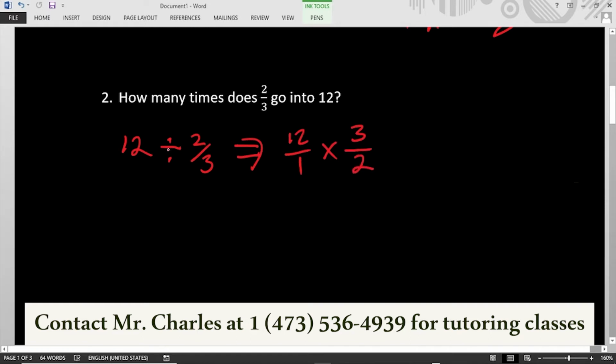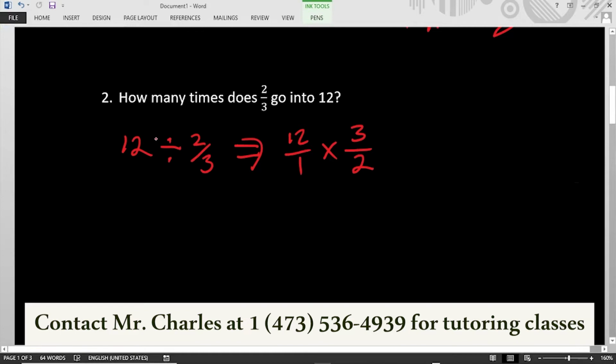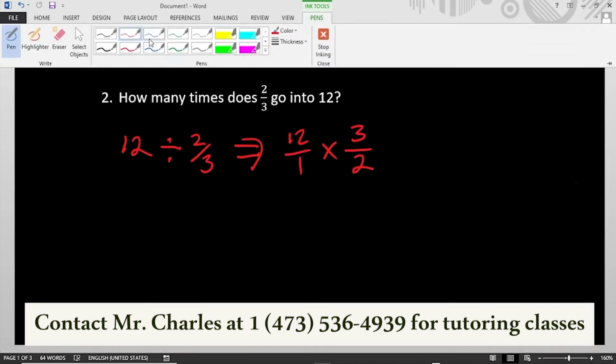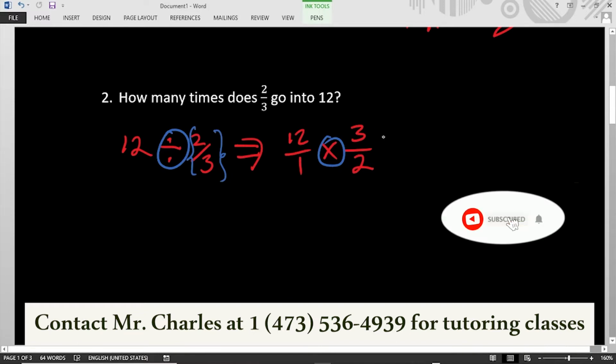We change the division sign to a multiplication sign, and then we reciprocate the fraction to the right of the division sign. So instead of 2/3 we have 3/2.